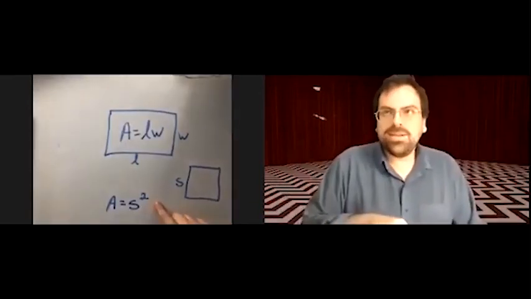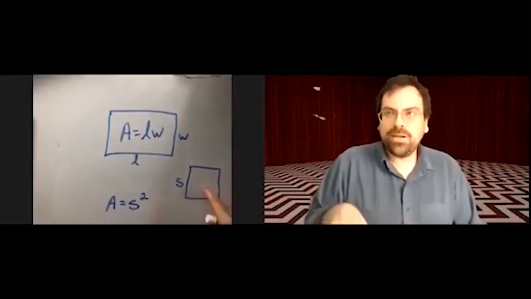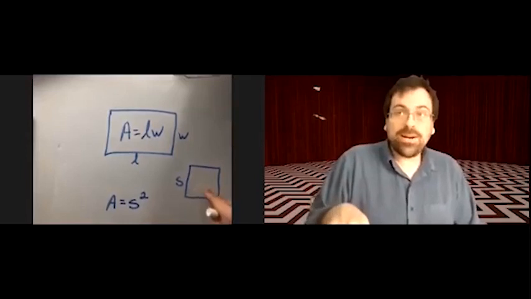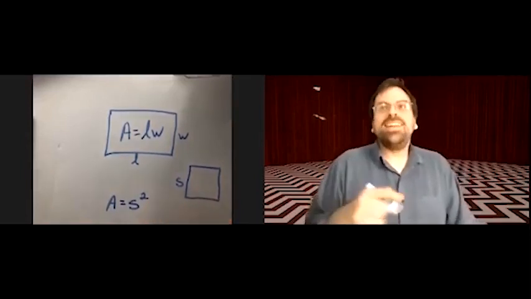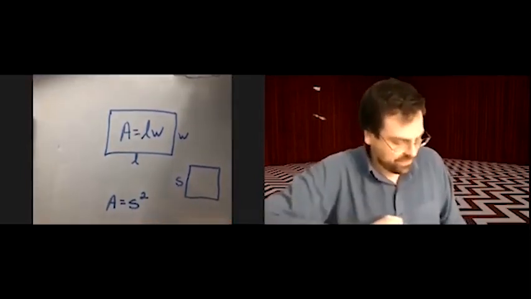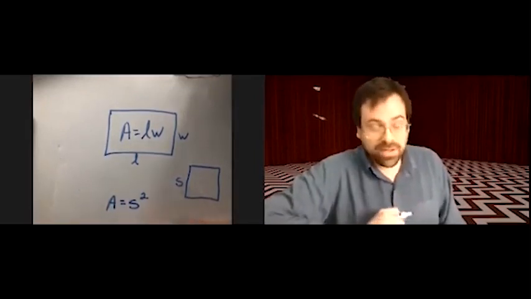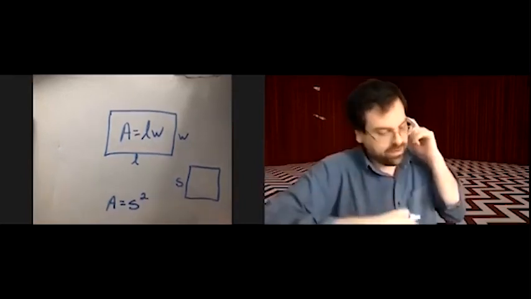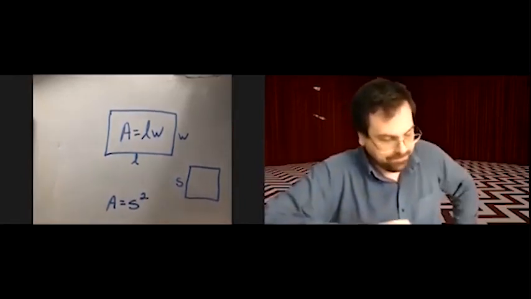Side what? Squared. Area of a square. Square. That's where that comes from. Remember, I showed you how area is all the different 1x1 squares you can fit on the inside of a thing.